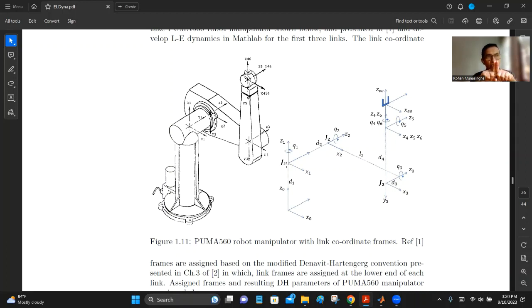Whereas in the standard DH, joint 1 is here, frame 1 is somewhere else. And look at J3. There you are. You have the frame right at J3. Look at J2. You have the second coordinate frame there. So clearly you can understand this is not the standard DH frame representation. Okay, this is modified DH parameters.